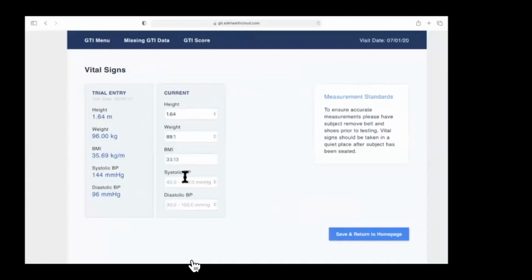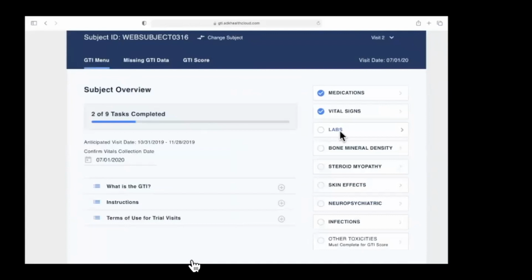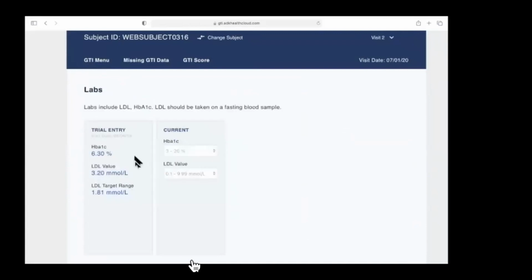His blood pressure has also improved, going from 144 at baseline to 132 over 85. There's been a significant improvement. The hemoglobin A1C is now down to 5.5%, despite the fact that the patient has been able to stop his insulin. His LDL hasn't changed very much. It's 3.1 now in follow-up. So the LDL is now complete.